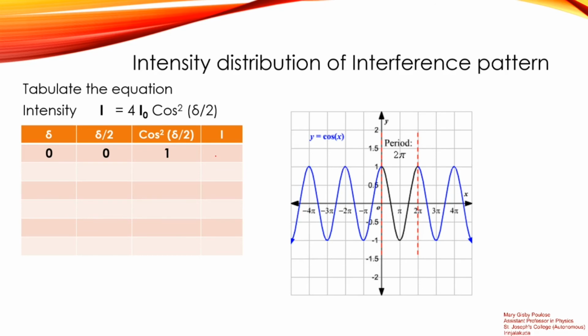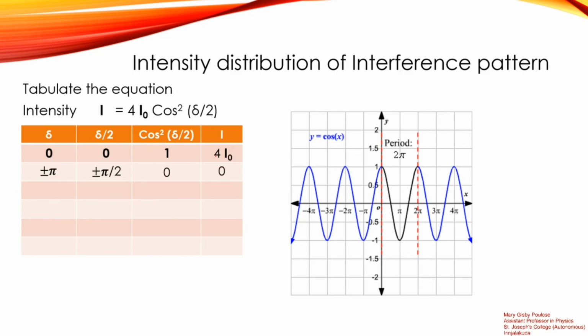Hence, intensity is 4 I naught. Now, when the phase difference is plus or minus pi, delta by 2 becomes plus or minus pi by 2. Then the term cos square plus or minus pi by 2 becomes 0, right? Hence, the expression for intensity becomes 0.